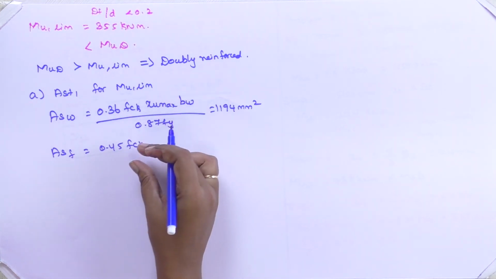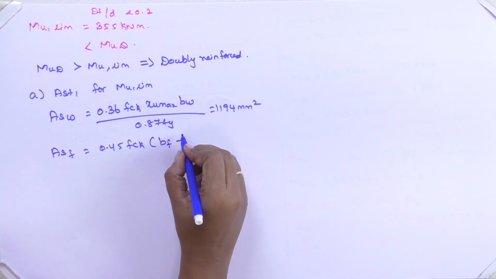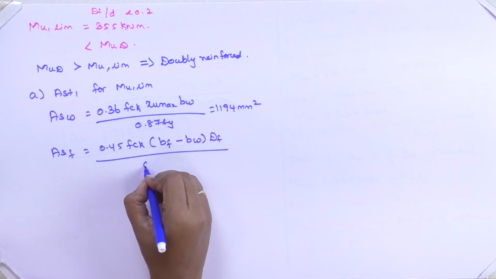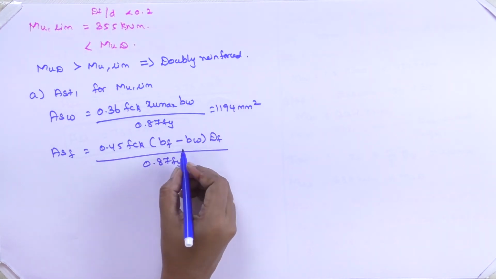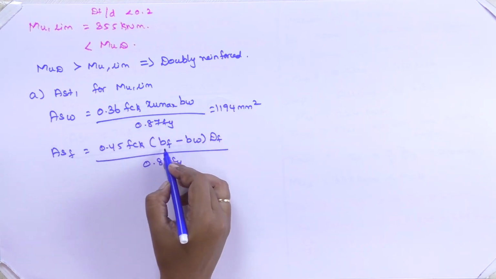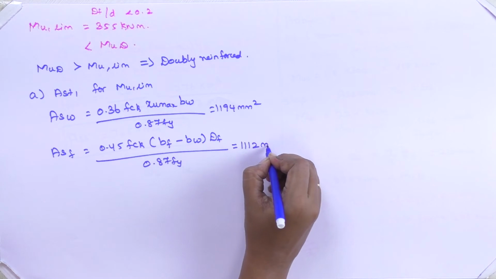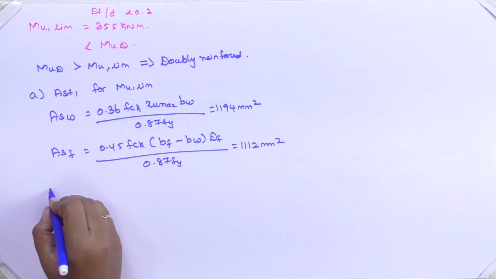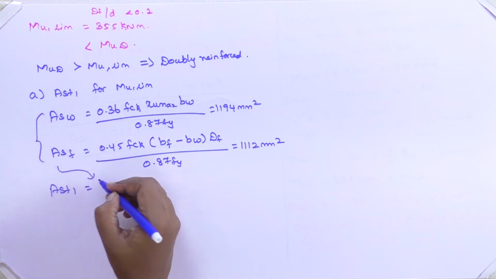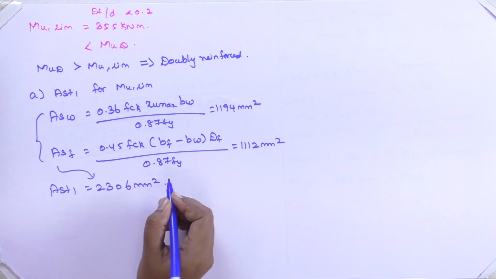This is my web portion, this is for my flange portion. BF minus BW, I'll be neglecting the web value, into DF divided by 0.87 Fy. Here I need to take the flange alone. So 1112 mm square. AST1 is equal to adding these two values, I'll get around 2306 mm square.